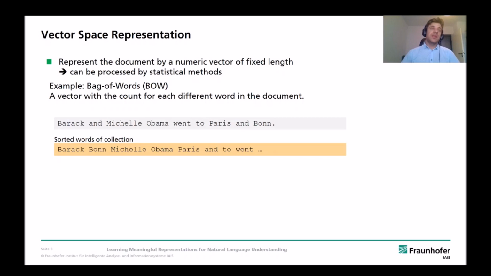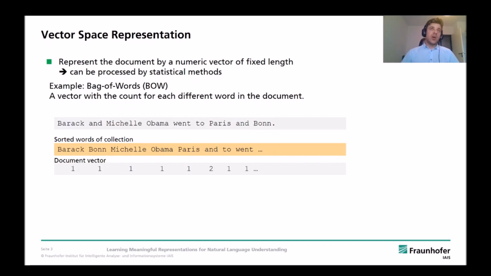Now, we take each individual word here, and it composes our vocabulary. So we have the words and, Barack, Bonn, Michelle, Obama, Paris, to, and went. And now we simply count how often each of the words occurs in the sentence above. And we'll notice that each word occurs once, except for and, which occurs twice.